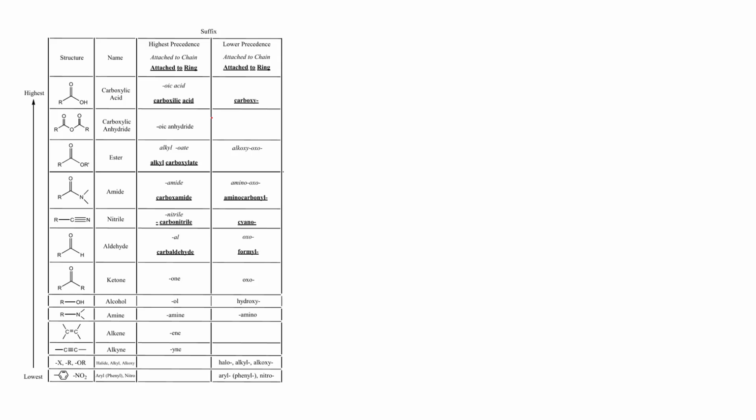So this is the listing of the priorities of the functional groups from carboxylic acids all the way down to aryl and nitrile groups and alkyl, alkoxy, and halides, which really don't have any preference at all.